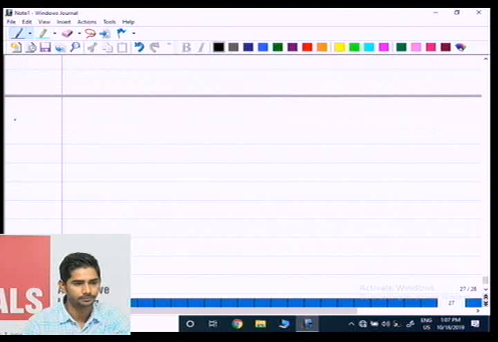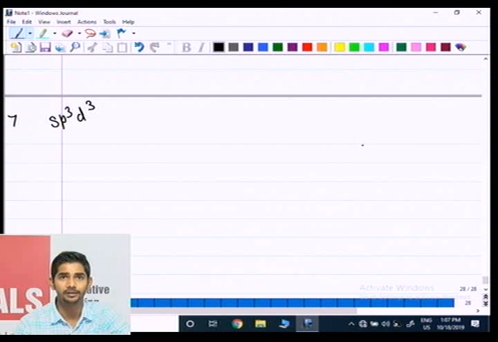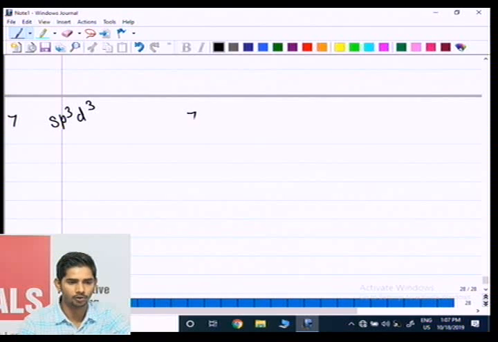Last one. 7. This is your sp3d3. I'm drawing its shape directly because there is only one case. Bond pair 7, lone pair 0.